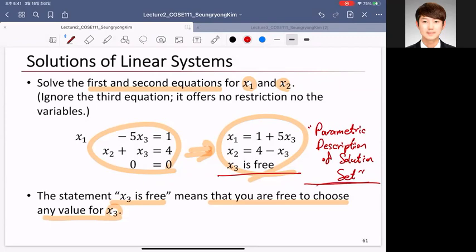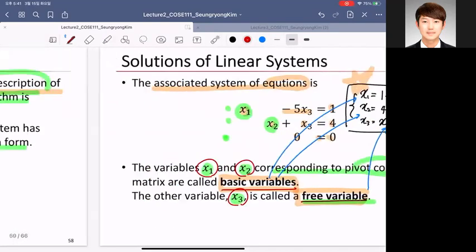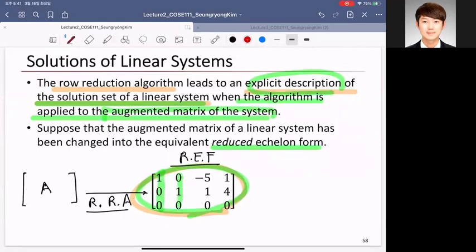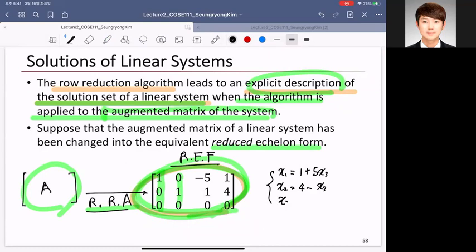Right? So in other words, if you have the original matrix A and apply the row reduction algorithm to achieve the REF form, then you can say that it has a solution, and the solution of this system is going to be x1 is equal to 1 plus 5x3, x2 is equal to 4 minus x3, then x3 is free.